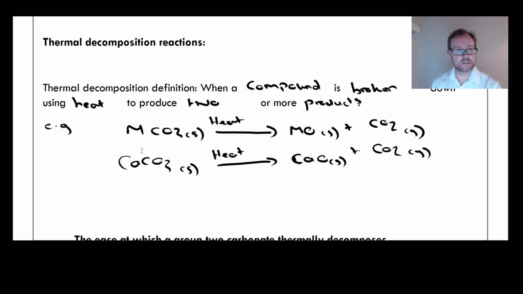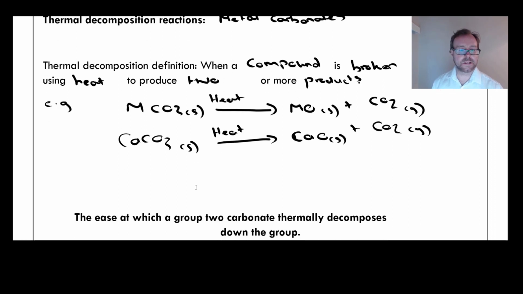Not particularly difficult. I'll just write in here, so thermal decomposition reactions of the metal carbonates. And again, something that you just need to remember, we don't need to do an explanation yet.